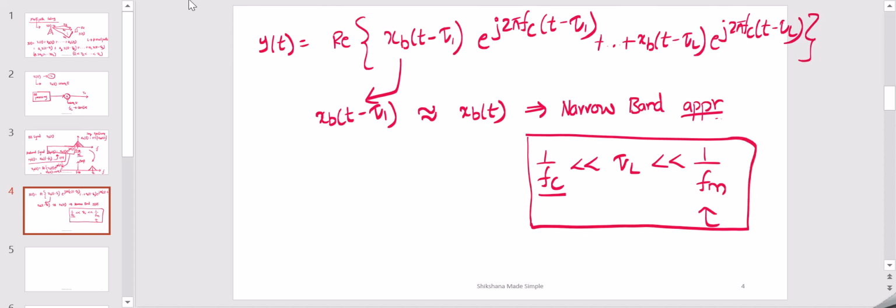So let us say we have done the narrowband approximation. So now, how does our equation look? Our equation would look like y of t is equal to, we can take out the common terms, right? So it would be xb of t e to the power of j 2 pi fct. Okay.